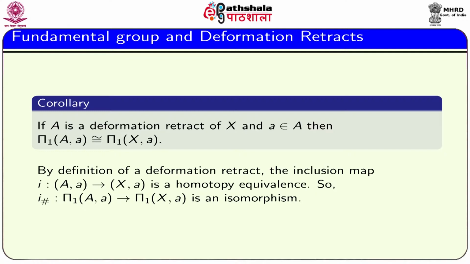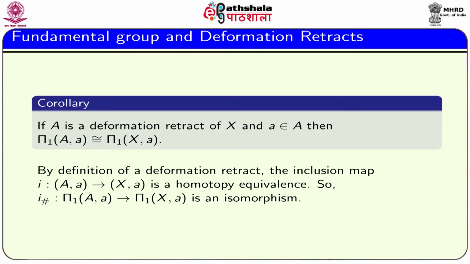By definition of a deformation retract, the inclusion map i from A to X is a homotopy equivalence. So, as we have proved in the theorem, the corresponding induced homomorphism i sharp is an isomorphism.